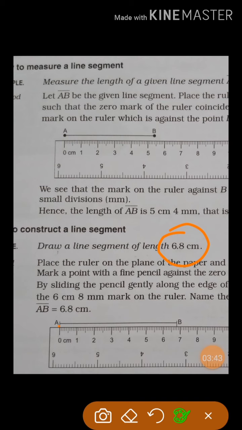After 6, at the 8th small division, we make another point. Then we give the names A and B and join these two points with the help of the ruler. We get the line segment AB of 6.8 centimeters. Also write the measurement below the line segment. Write 6.8 centimeters not on the ruler, but on the paper.